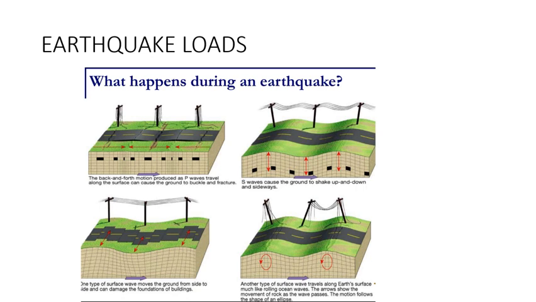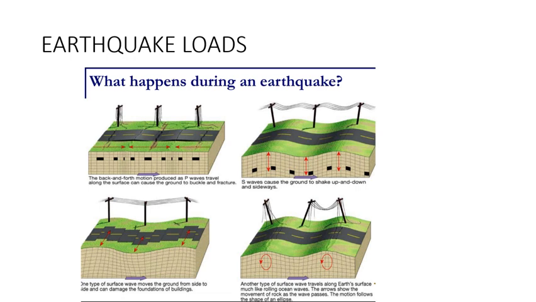And another type of surface wave travels along the Earth's surface, much like rolling ocean waves. The arrows show the movement of rocks as a wave passes. The motion follows the shape of an ellipse.